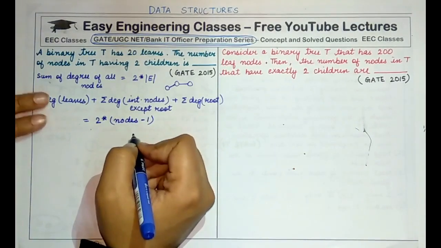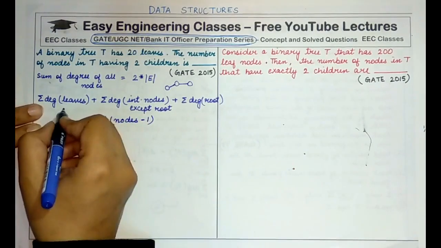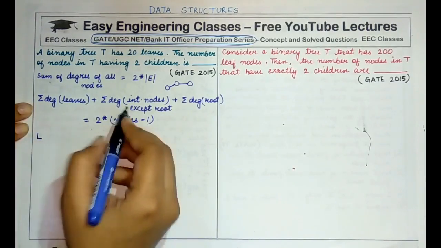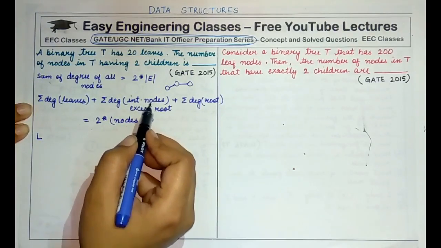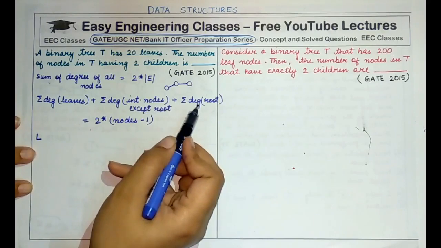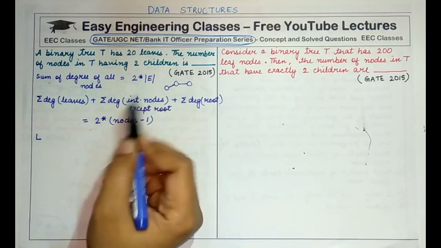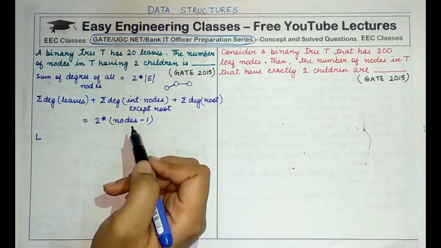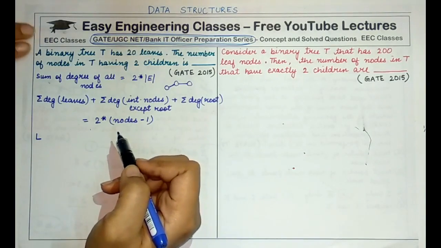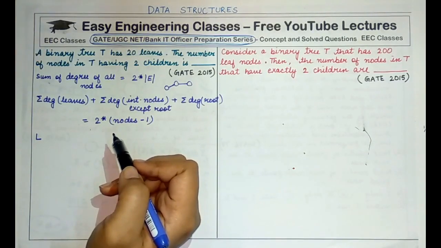Alright, so if I denote the degree of leaves as L, the internal nodes as I, the root as, or if I say assuming it to be a k-ary tree, instead of a binary tree, I'm assuming the degree of the tree to be k.